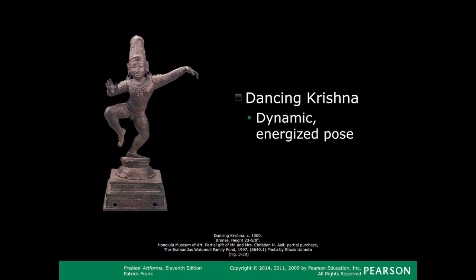This is 1300. Krishna is one of the most important deities in the Hindu religion. Krishna, if I can remember, is the god of, I want to say, love and humor. You'll always see Krishna happy because he's a very playful person.